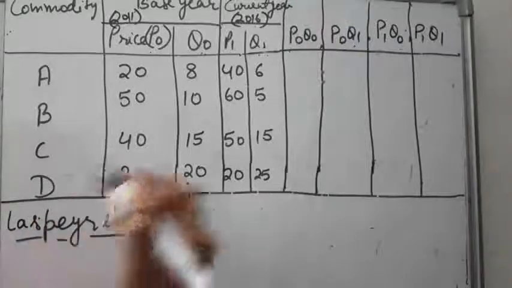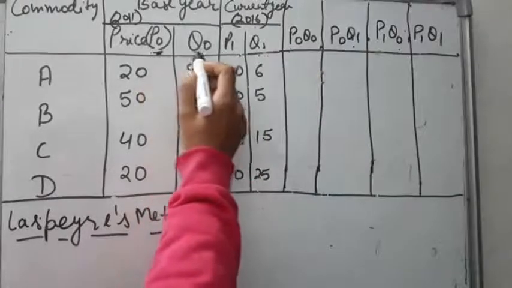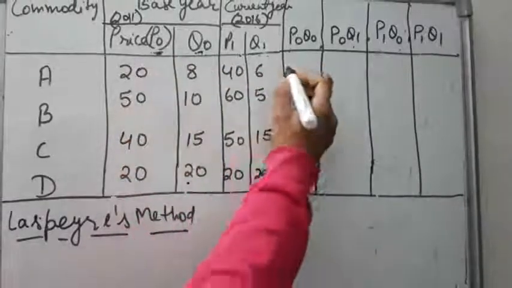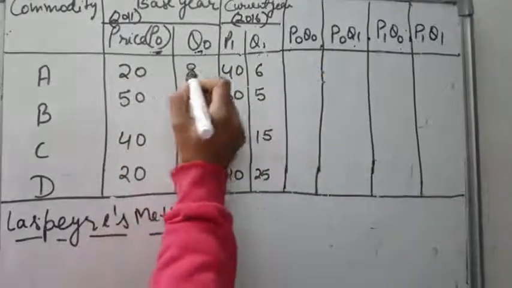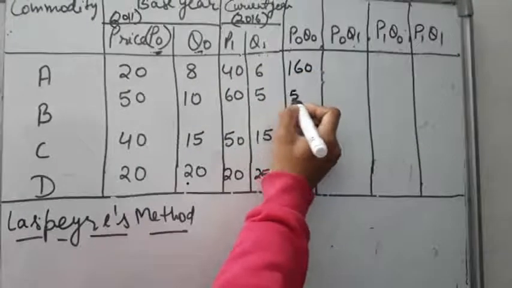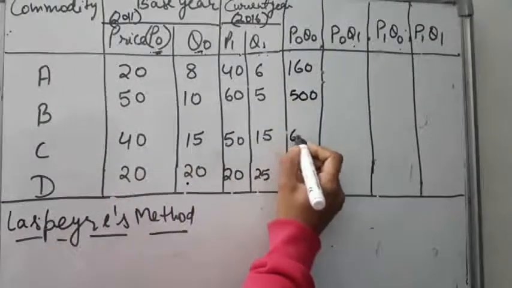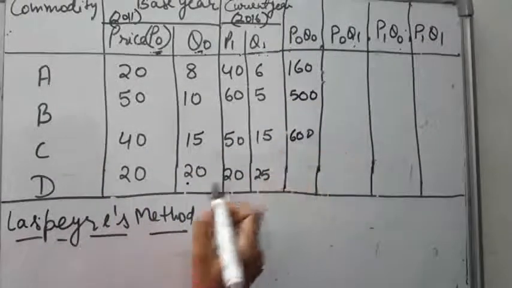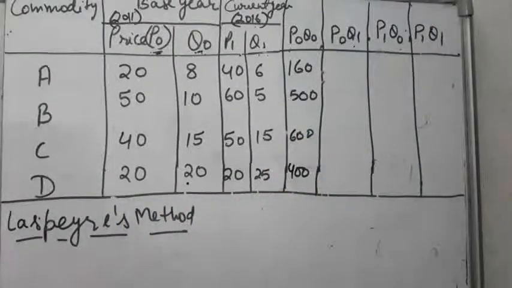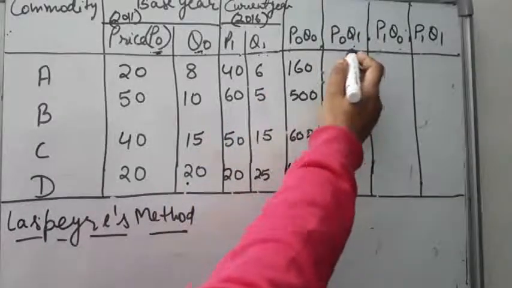So P0 Q0, first of all P0 is here and Q0 is here. So here our values will be 20 multiply by 8, 160, 500, 15 multiply by 40, 600 and 400. Similarly, next we will calculate P0 multiply by Q1.